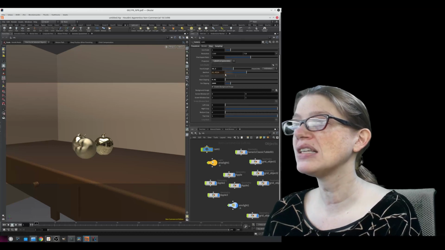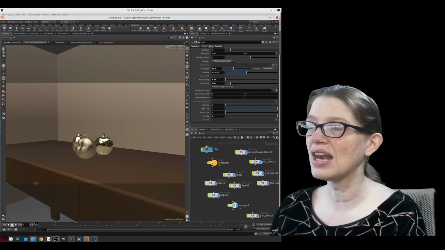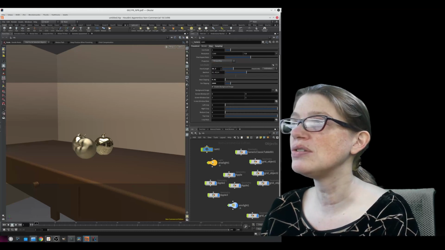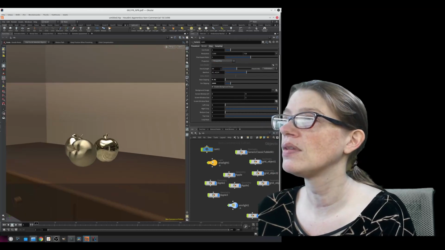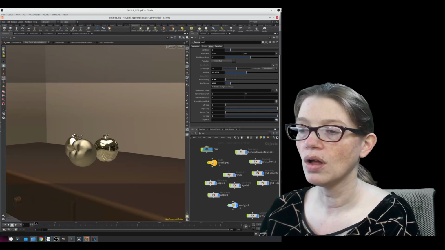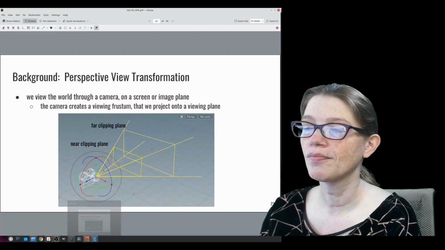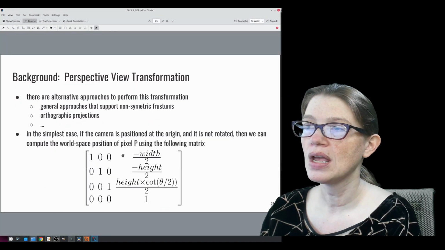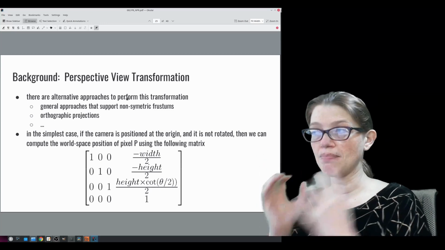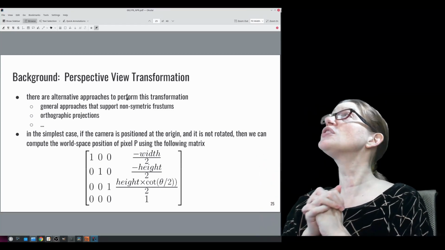And there's also cylindrical panoramic. In this case, we're not getting an effect because I haven't changed the other parameters. Traditionally, though, we're going to use the perspective. There we go. There's our perspective view transform. All right. So each of those different kinds of projections are going to have a different matrix to perform that conversion.